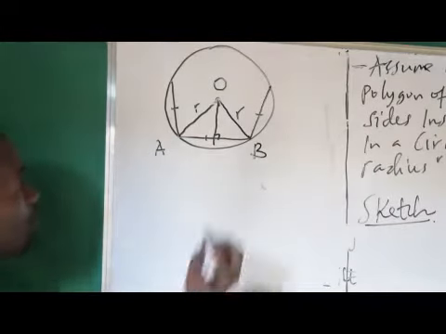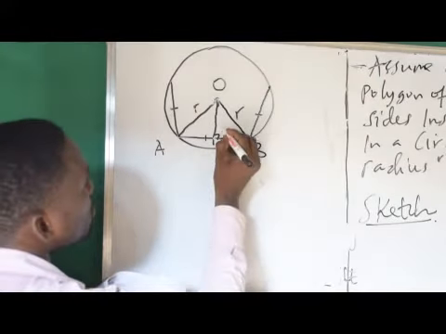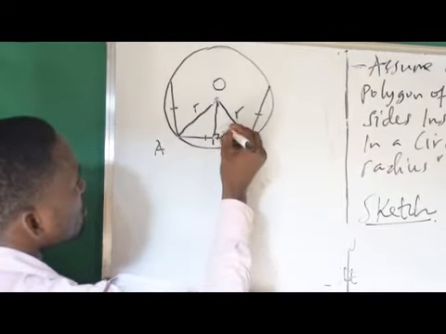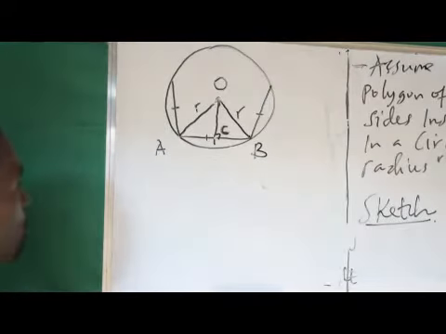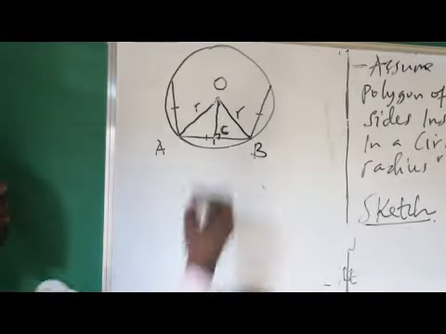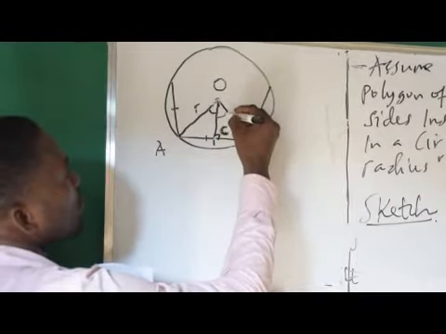Call this point on AB point C. Now this angle and this angle are equal.